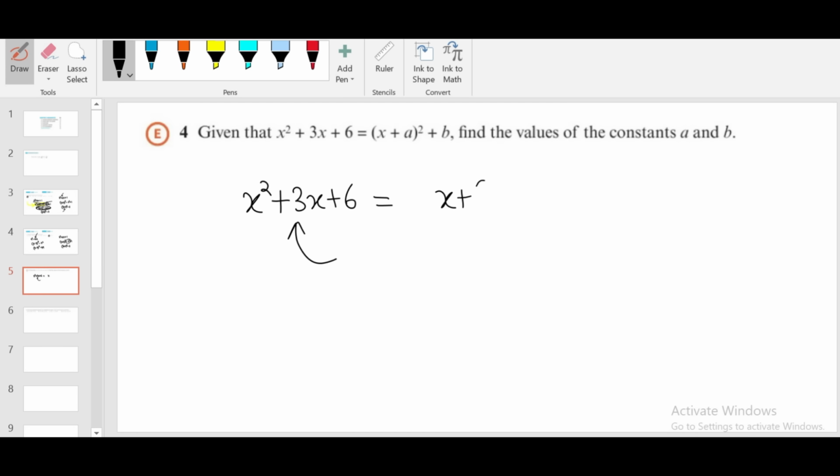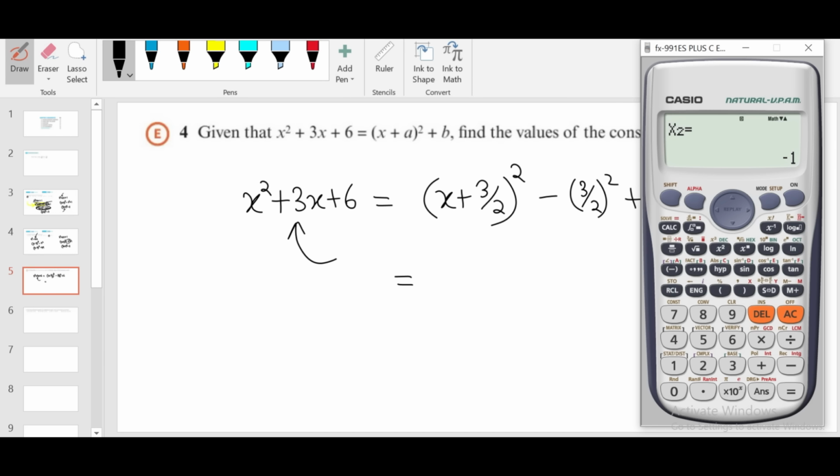So it's x plus 3 over 2 whole square. Since it's 3 over 2, you need to put minus 3 over 2 square plus 6. And then find the value of minus 3 over 2 square, which is basically minus 9 over 4, plus there is a 6 also.